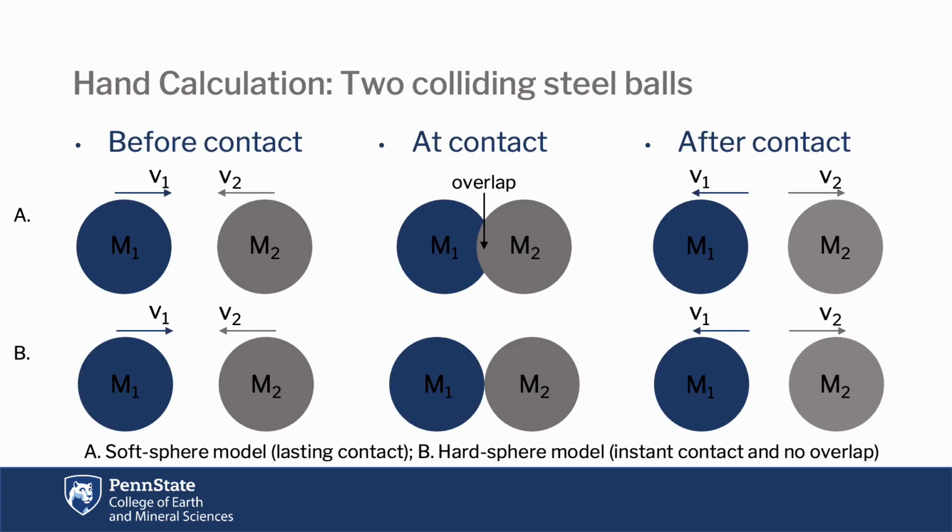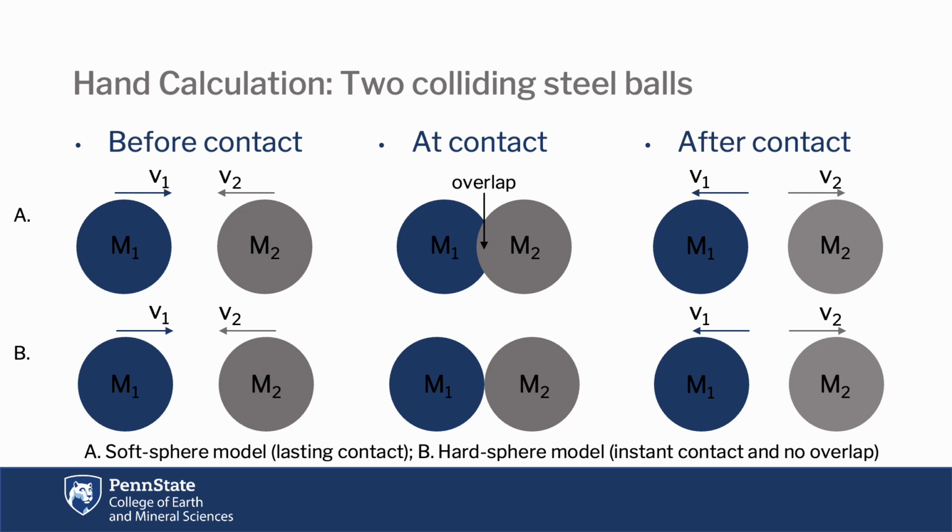Now, I am going to discuss the DEM calculation, and the example I'll be looking at is two colliding steel balls. We can see two scenarios, scenario A and scenario B, with two balls of mass M1 and M2, and we see their positions before contact, at contact, and after contact.